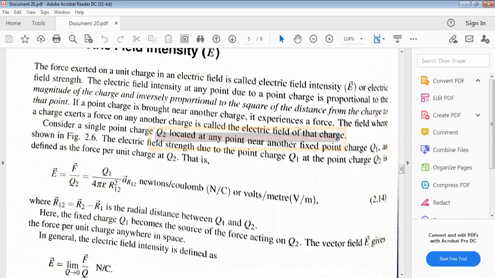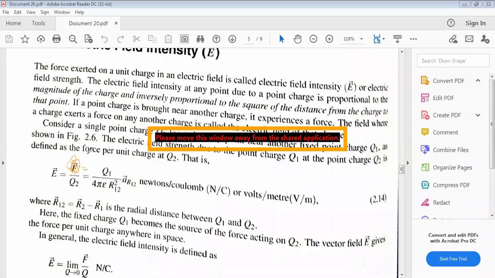When we substitute this here, Q2 and Q2 cancel each other, and only Q1 remains over 4 pi epsilon naught R square, in the direction of a R. Is it clear? I am substituting Coulomb's law for F.